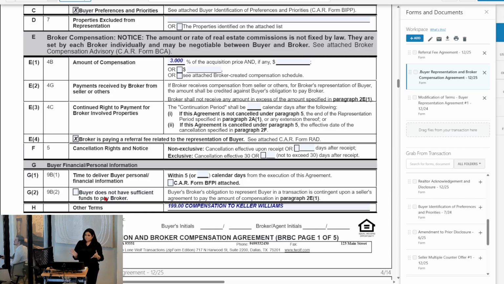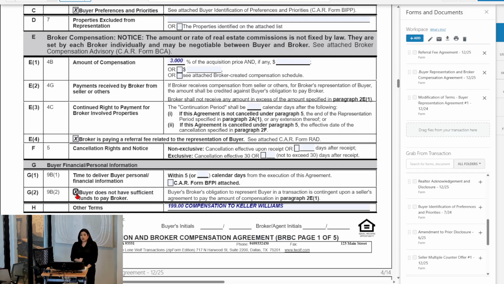Then at that point, you don't need them. No, escrow is only going to reconfirm, or some of them just assume. In your commission instructions, they'll say what your compensation is, and then at the bottom they'll say buyer will pay the 1%. But if you mark this box that the buyer does not have sufficient funds, then escrow is going to give you pushback.